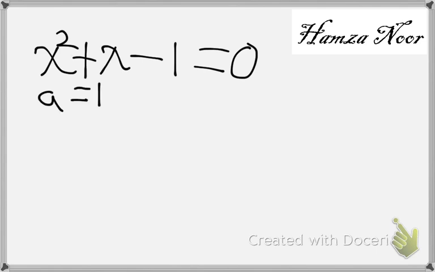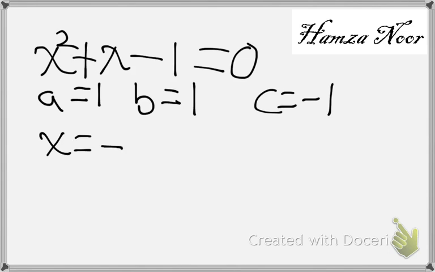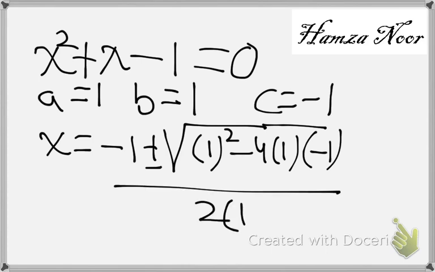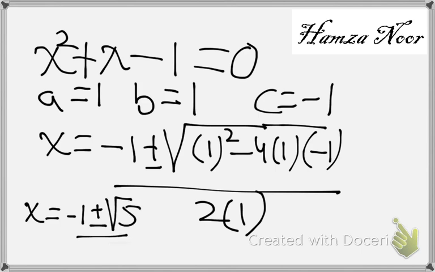And a is equal to 1, b is equal to 1, and c is equal to minus 1. So x is equal to minus 1 plus minus under root the whole thing, 1 square minus 4 into minus 1, over 2 into 1. So this becomes x is equal to minus 1 plus minus under root 5 over 2.